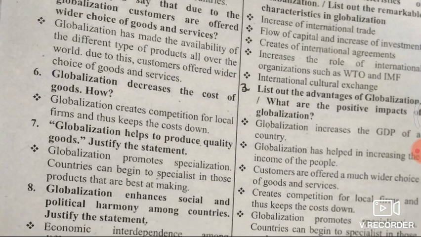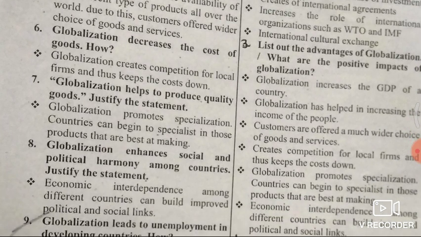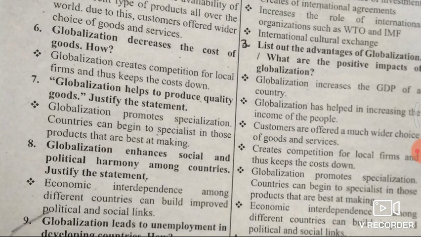Then sixth question, globalization decreases the cost of goods. How? Answer: globalization creates competition for local firms and thus keeps the cost down. Then seventh question, globalization helps to produce quality goods.